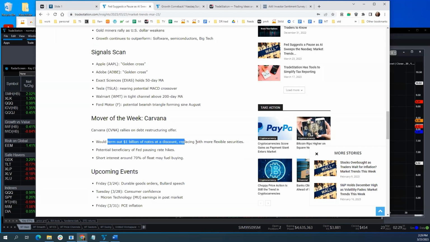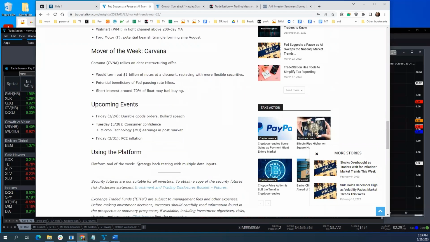So if the creditors don't accept it, this could be the end of the road, so to speak, for Carvana. I mean, basically, they have a massive amount of debt and a huge amount of short interest. But if they can buy time, that's the sort of thing that could potentially squeeze in a positive environment. But now we're seeing the VIX back above 23, so a lot of that is not as clear now.